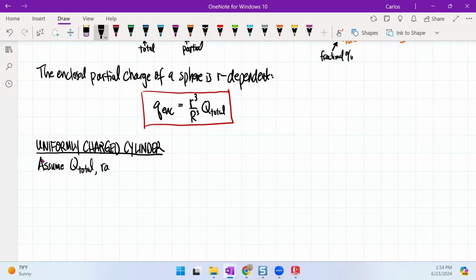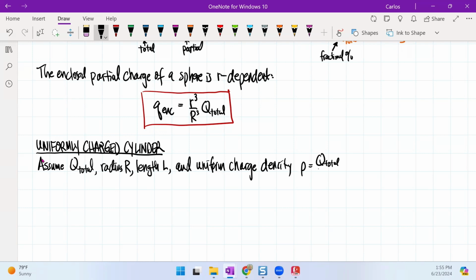It has radius, big R. It has length, L, and uniform charge density, which is rho equal to the total charge divided by the total volume.